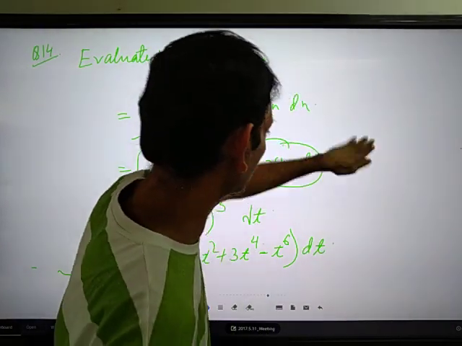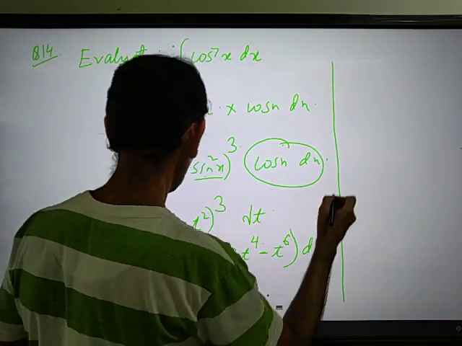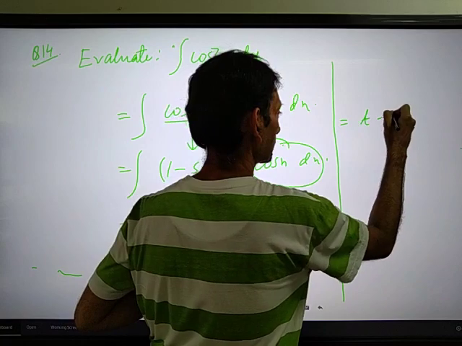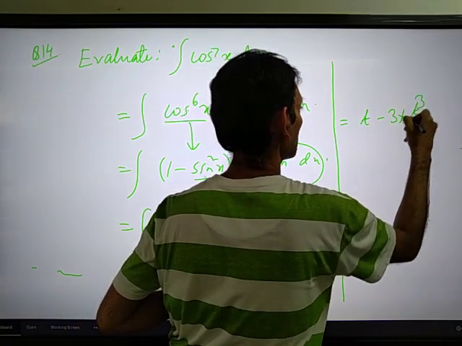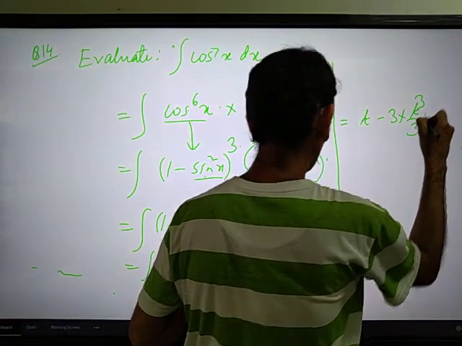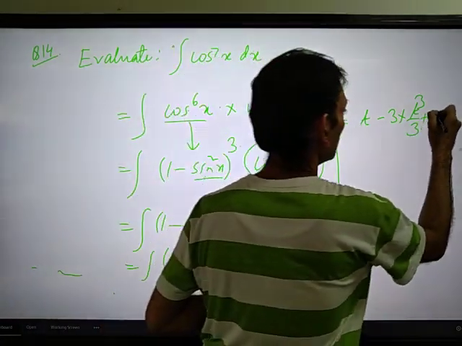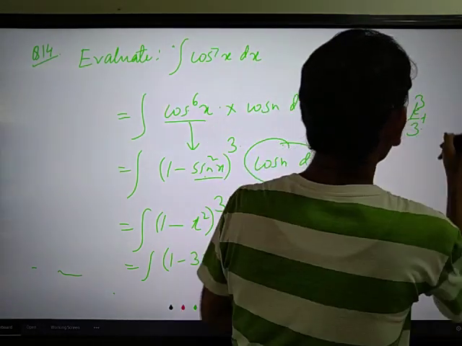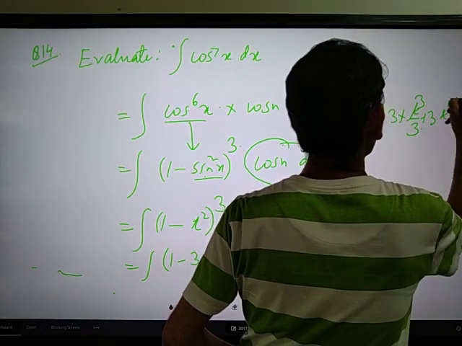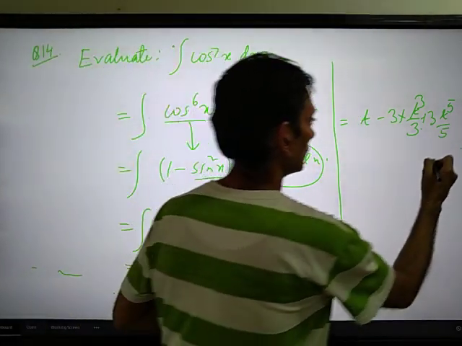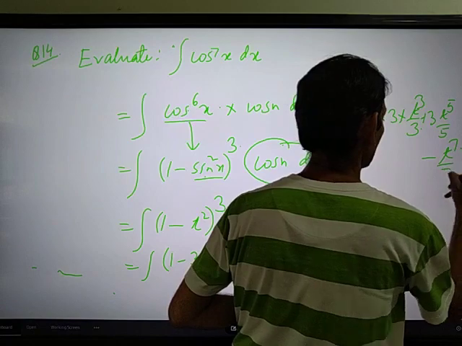How to integrate this? The first one is t, minus 3 into t cube by 3, then plus 3 into t to the power 5 by 5, and minus t to the power 7 by 7 plus c.